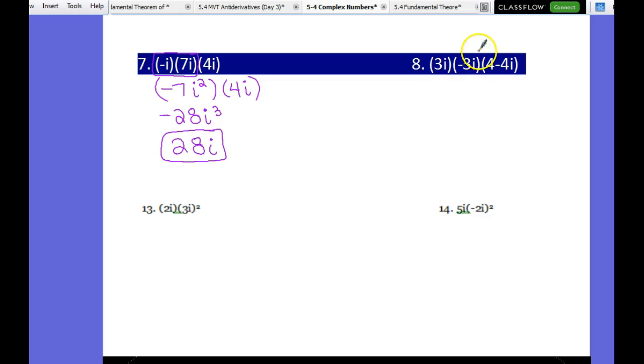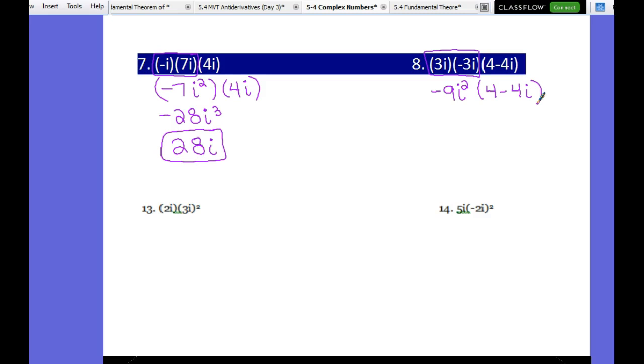3i and negative 3i would get multiplied together. So a positive times a negative is a negative, and i times i is i squared. Now you kind of have two choices. We can distribute to start, or we can change out the i squareds. So do you want to distribute or change i squared? Okay, so if you change, i squared is negative 1.